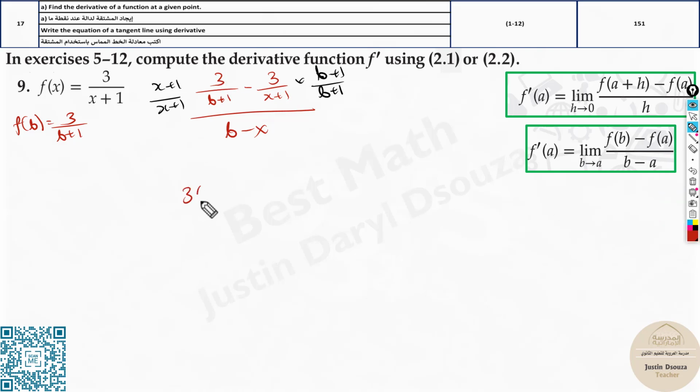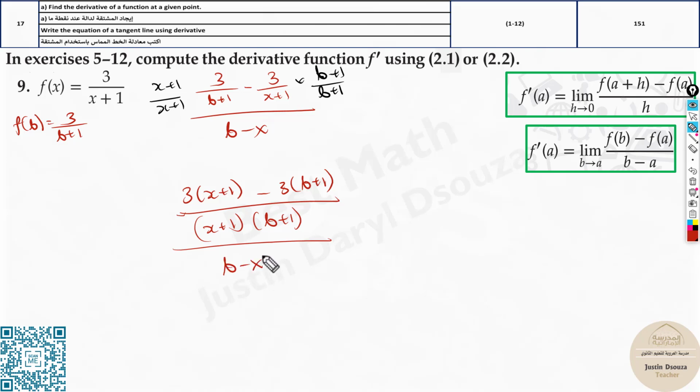Now when you simplify, what's going to happen? It will be 3 into x plus 1 minus, because now the denominator on both sides will be x plus 1, b plus 1, and the right side it's going to be 3 into b plus 1. That's the thing. And what next? This entire thing is divided by b minus x.